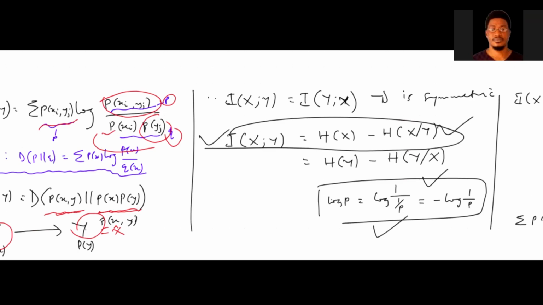Let us mention the first one: the mutual information of the channel is symmetric. So the mutual information between X and Y is the same as the mutual information between Y and X. So it means that the mutual information is symmetric.